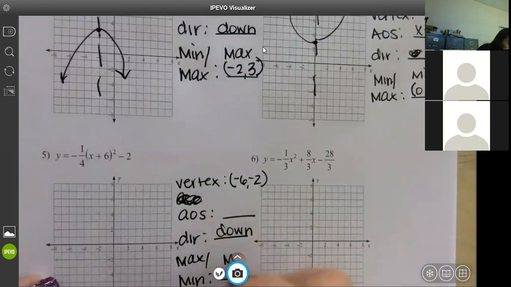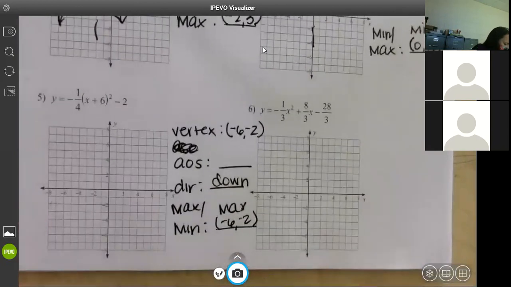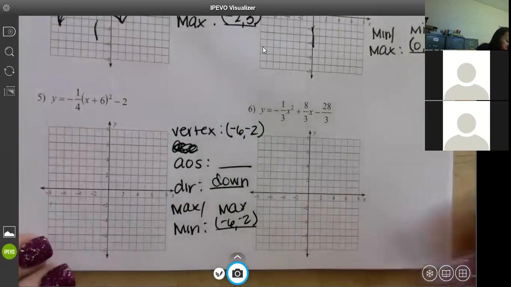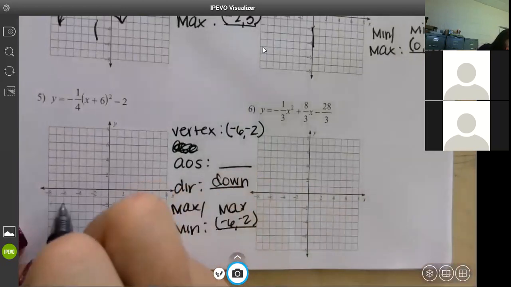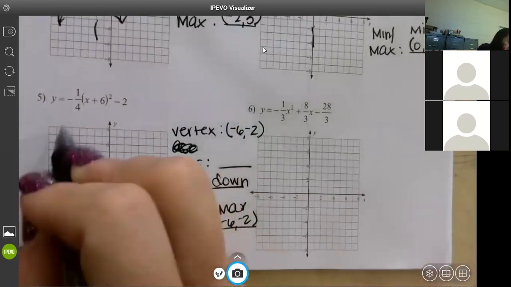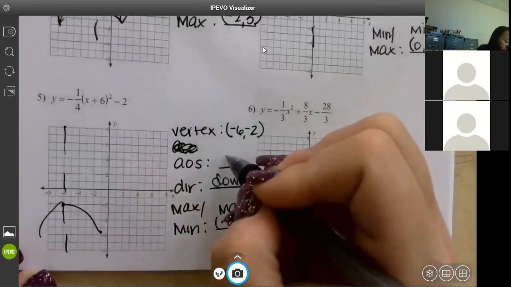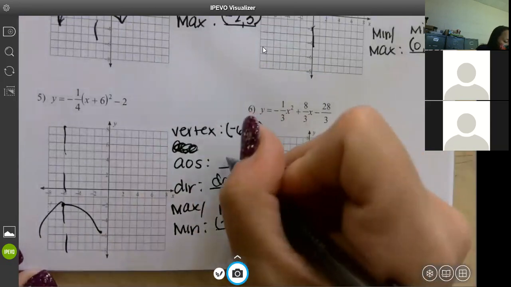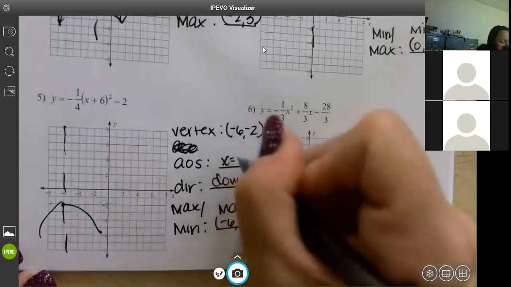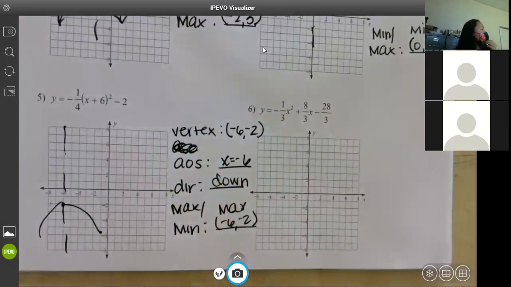Where's it at? -6, -2. And then your axis of symmetry, if we have -6, -2, and it opens down, what's my equation? X equals -6. Make sure you have the x equals or I'm going to count it wrong. It's not just -6, it's x equals because we're talking about a line, okay?